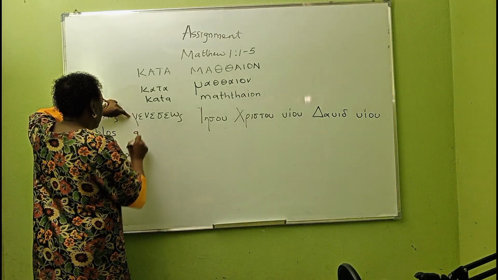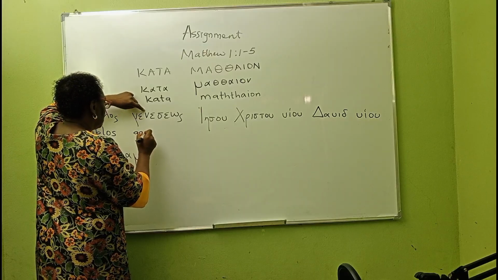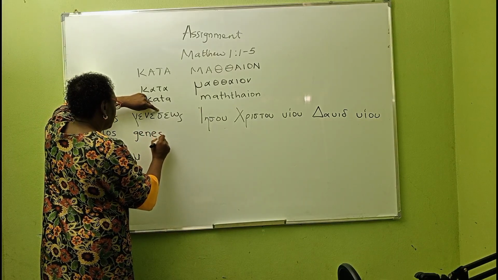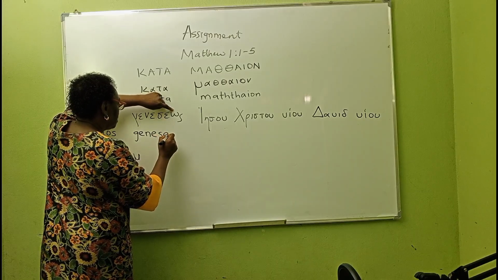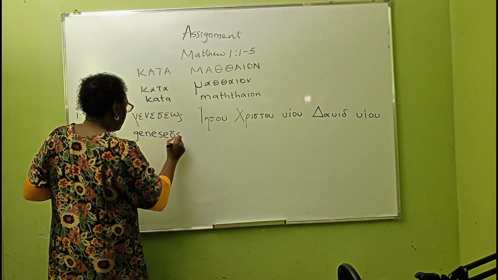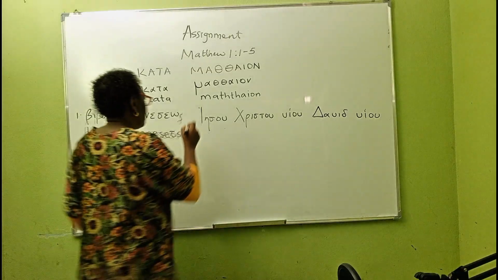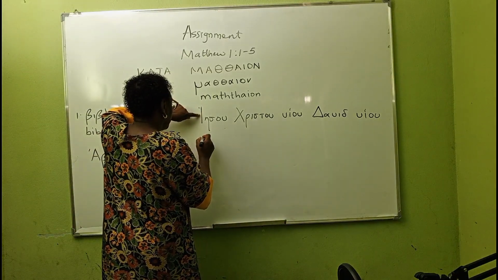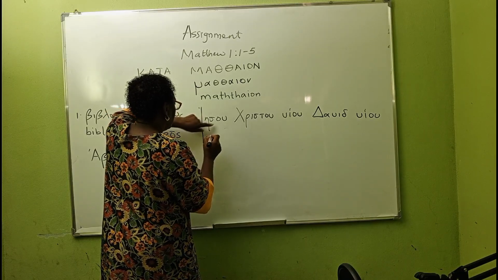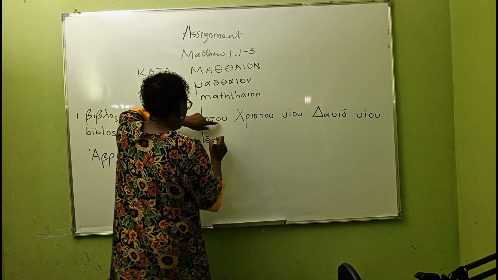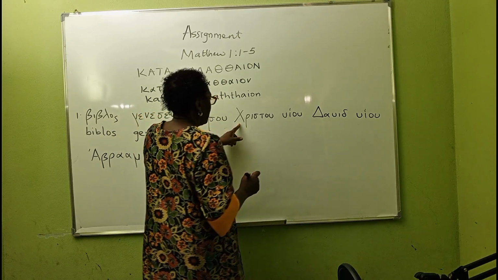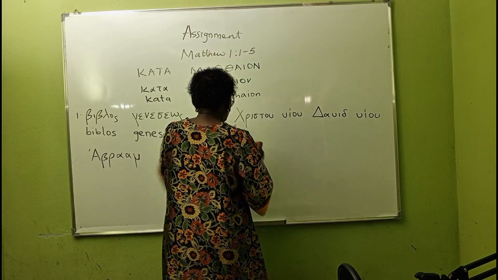This is gamma, this is epsilon, this is nu, this is epsilon, this is sigma, this is epsilon, this is omega, this is sigma. Then this is iota, this is eta. Don't forget eta. This is sigma, this is omicron, this is upsilon. And then this is your chi.